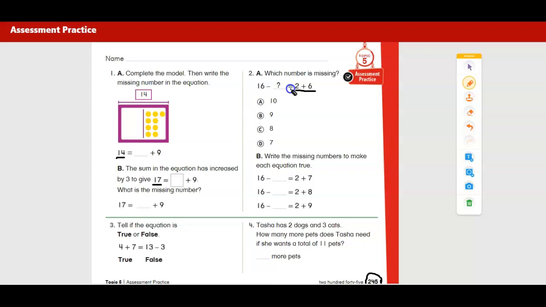So to be able to find out your missing number, you need to know what each side is supposed to equal. So first solve for 2 plus 6 and find your answer. Then say 16 minus which number would give me the same answer. So it's just like making a true equation. We want either side of the equal sign to equal the same number.